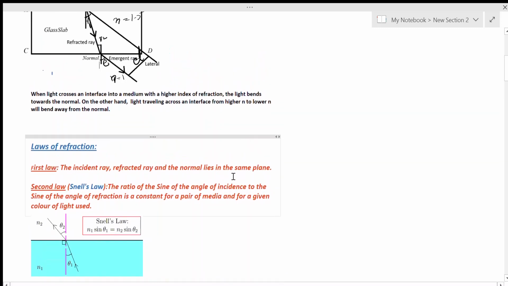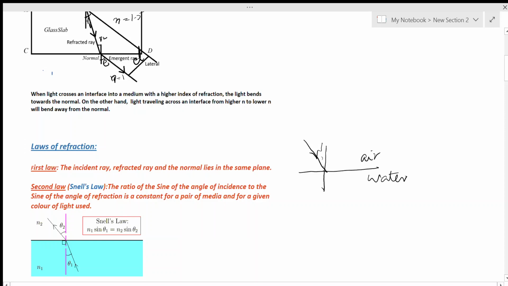What is meant by lying in the same plane is like this: we have an interface, maybe it is air and water, as I'll mark here. Then the ray of light is falling like this, and we have a normal here at the point of incidence, and it will be bending towards the normal because, as you know, water has a higher refractive index than air.